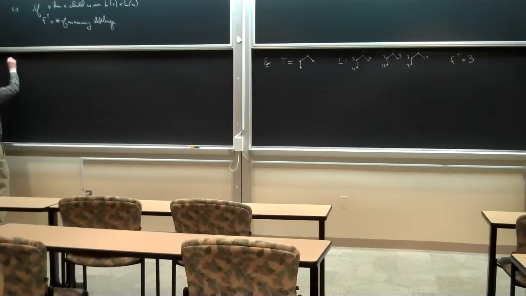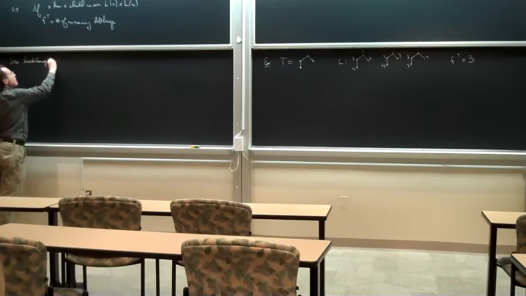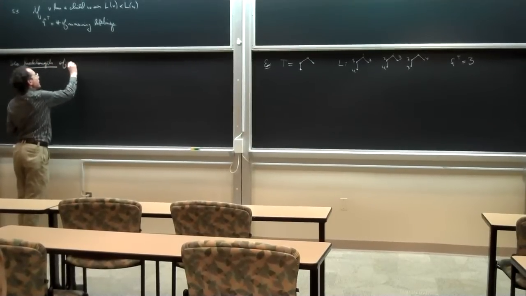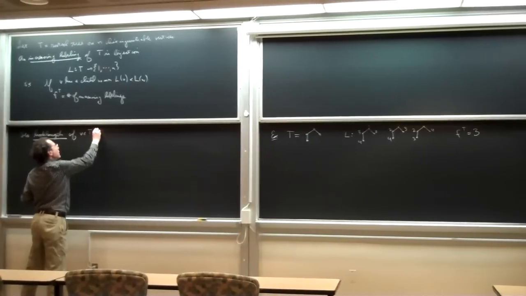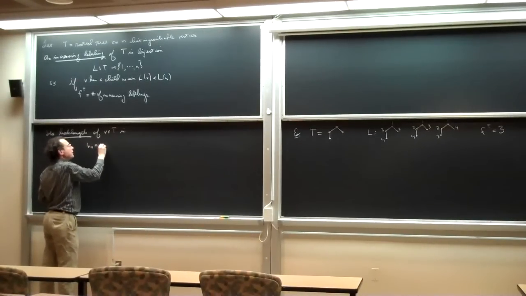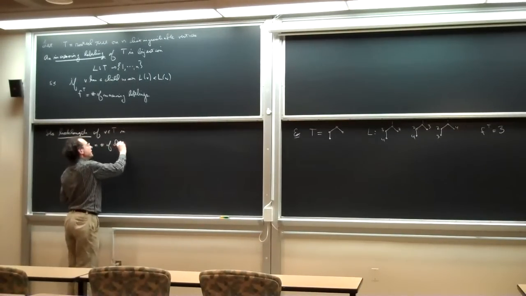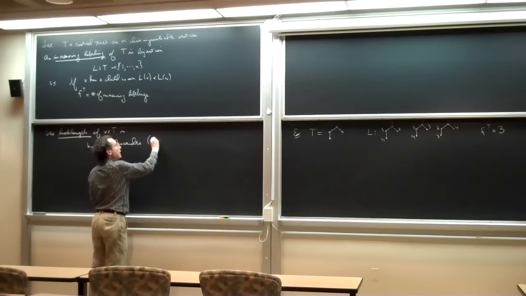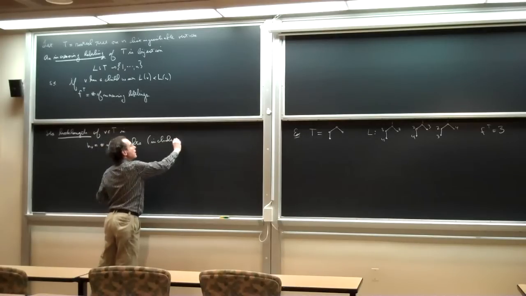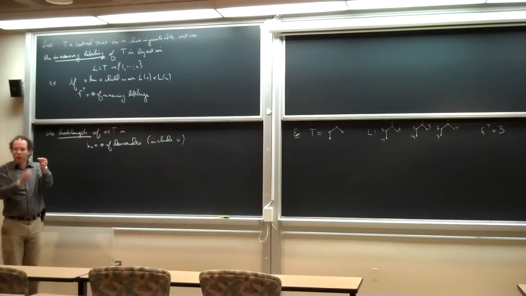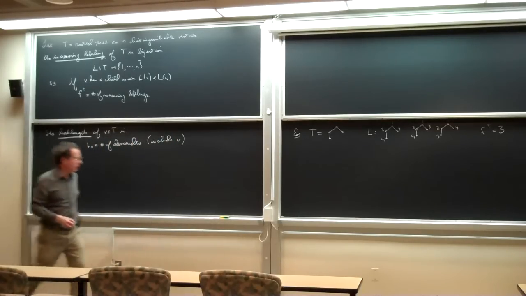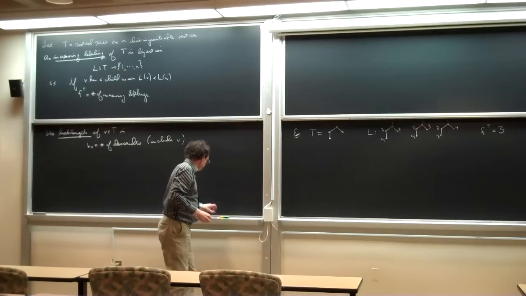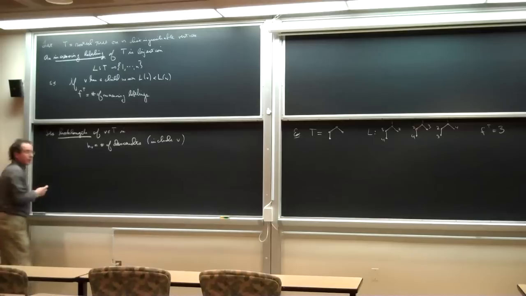The hook length of a vertex V in my tree is denoted H sub V, and it's just the number of descendants, so everything from V on down, and we include V in this. Okay, so, famous theorem, this is a theorem of Donald Knuth's.